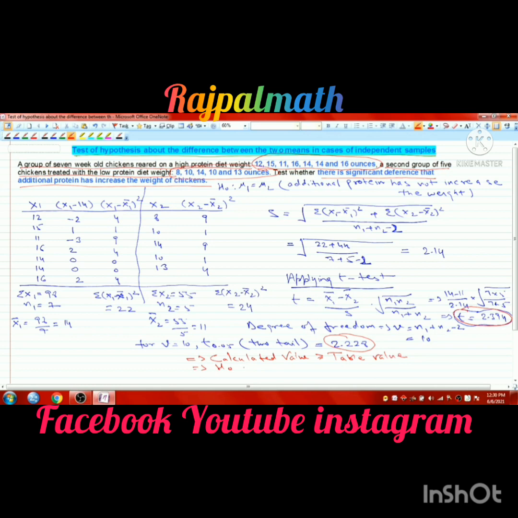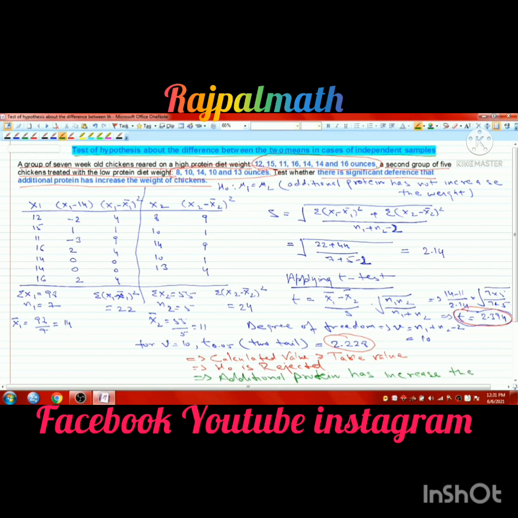Since the calculated value of t is more than the table value, the null hypothesis is rejected. Hence, there is significant evidence that additional protein has increased the weight of the chickens, which is our final answer by analysis with pen and paper.